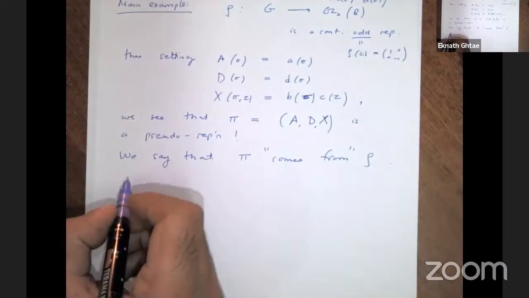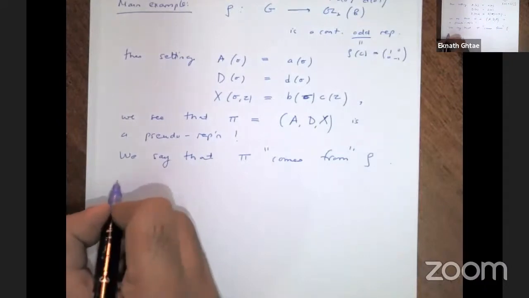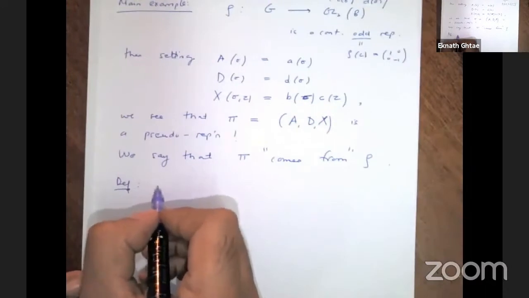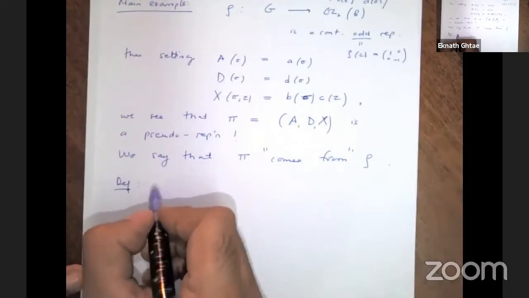Okay, so I'll make a definition first. Pseudo representations also have traces and determinants.